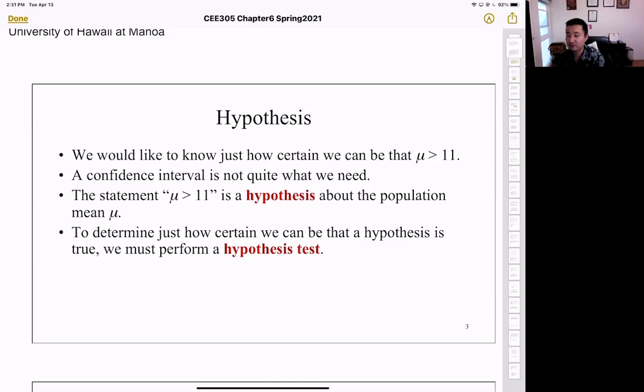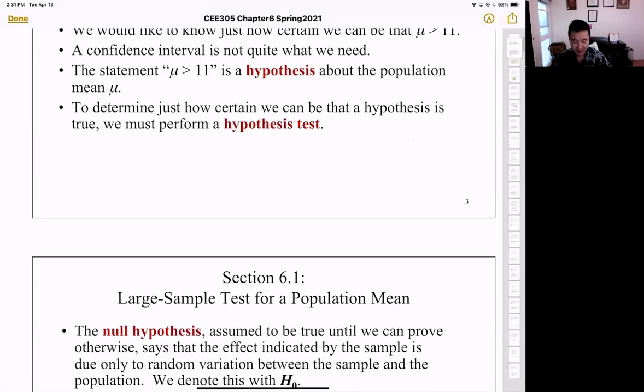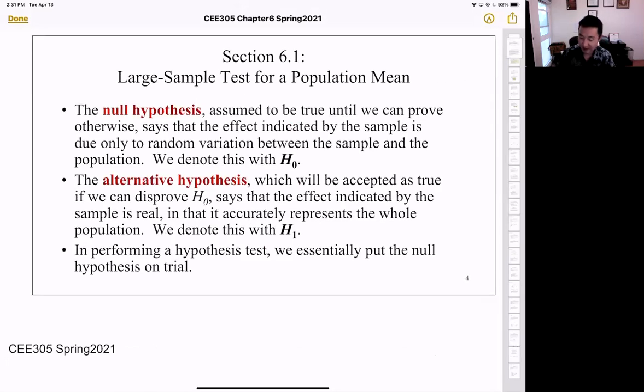To determine just how certain we can be that the hypothesis is true, we need to perform a so-called hypothesis test. In this chapter, we are going to learn how we can set up a hypothesis test depending on the question. Section 6.1, large sample test for population mean. As you can remember, section 5.1 is large sample confidence interval for population mean. This is very similar to the first section in chapter 5.